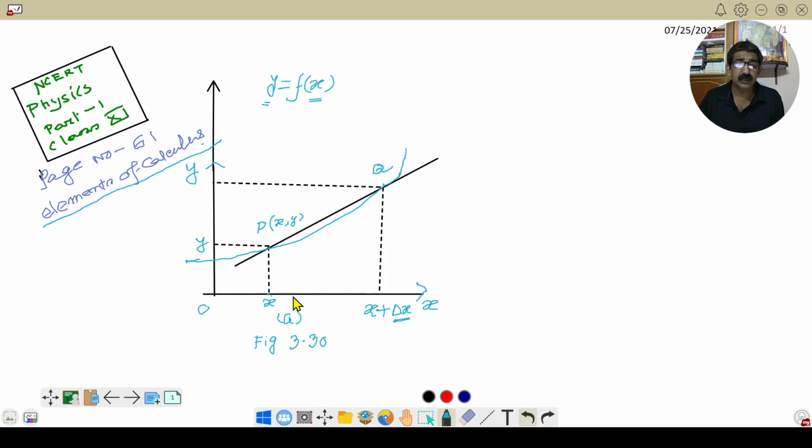So this portion, from this point to this point, is delta x. And this is y plus delta y. This graph has been drawn in accordance with the rule y is equal to f(x). The exact mathematical function is not given in your book either.